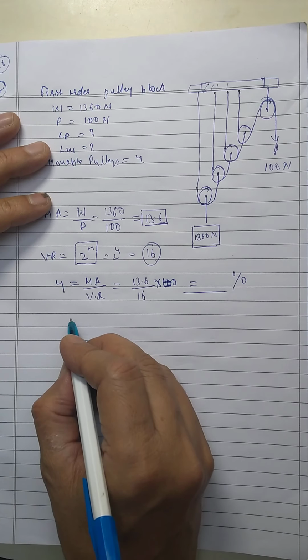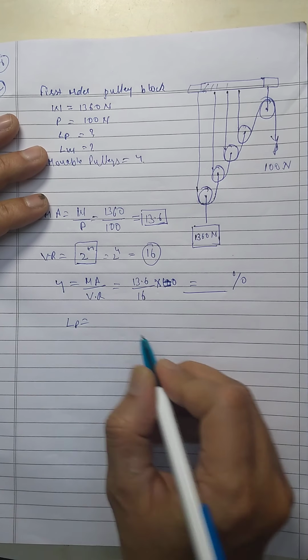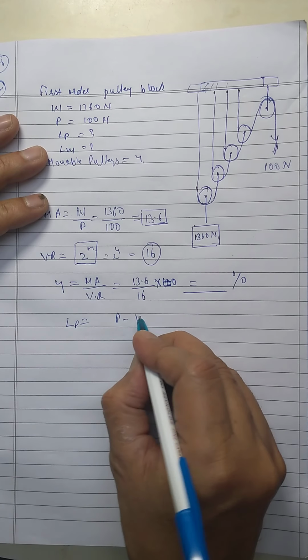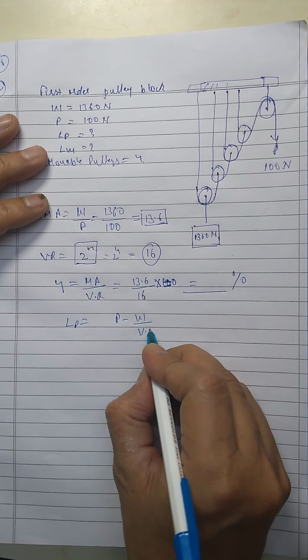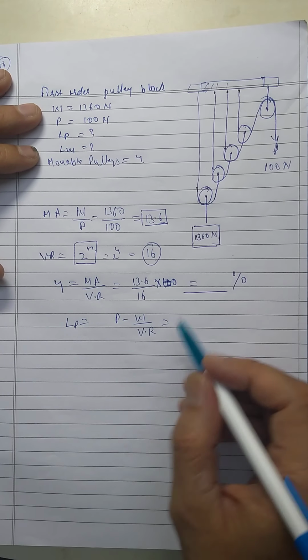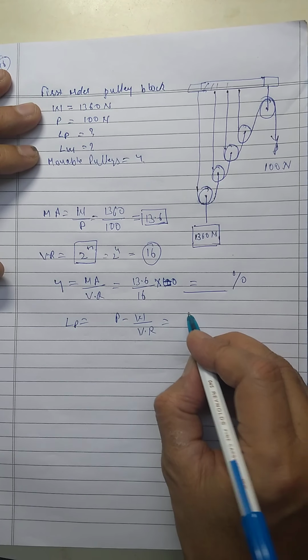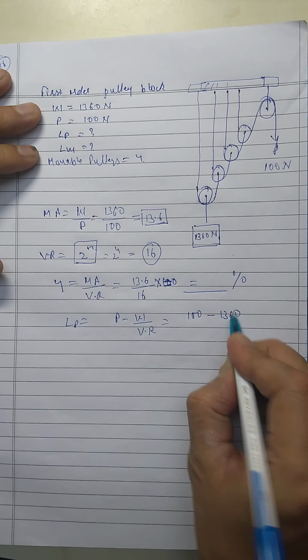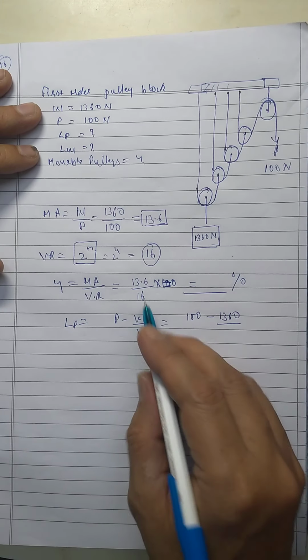Now the second thing is LP, where LP is the effort loss, which is equal to P minus W upon VR. So P is equal to 100 minus W is 1360 upon VR.